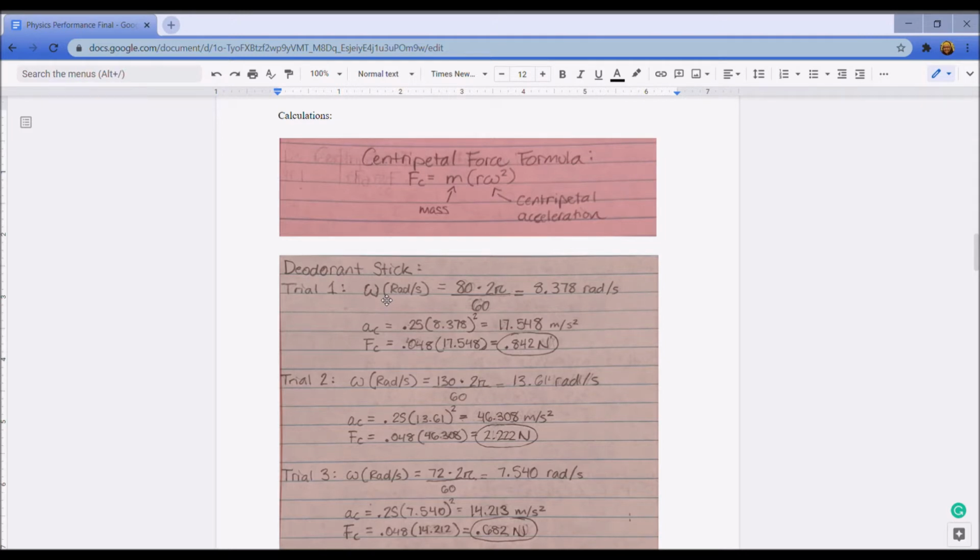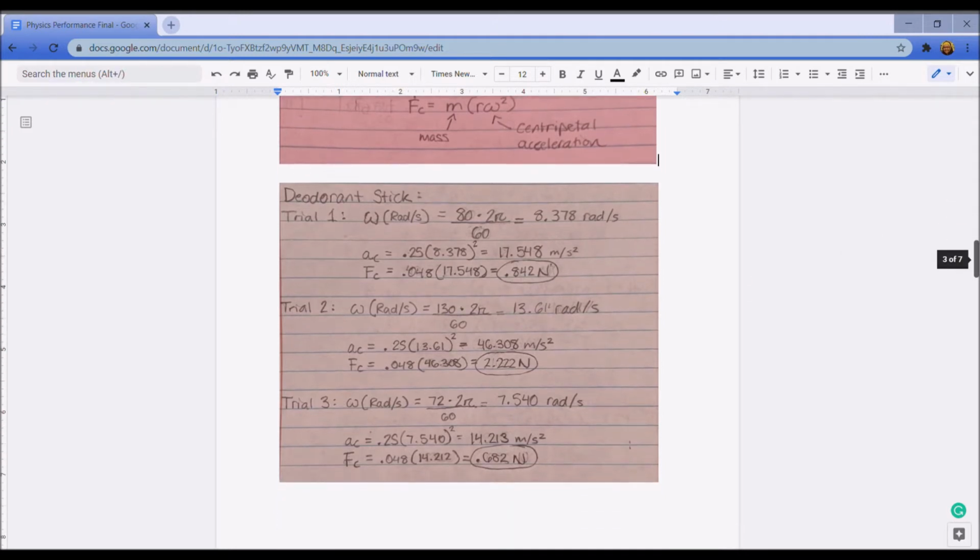Now, in calculating it, for example, in the deodorant stick, I first converted the angular velocity into radians per second because that's the units that we need to use. And then after that, I figured out the centripetal acceleration by multiplying the radius of the circle, which will be the length of the string, times the angular velocity from here squared.